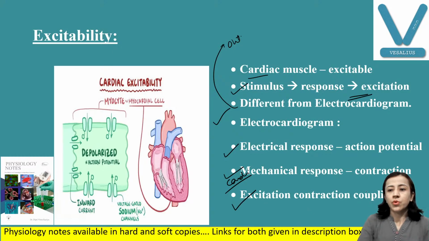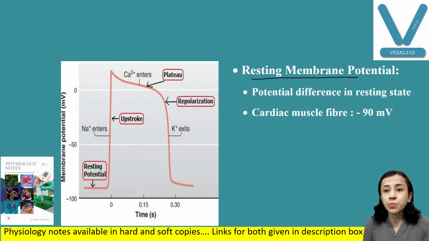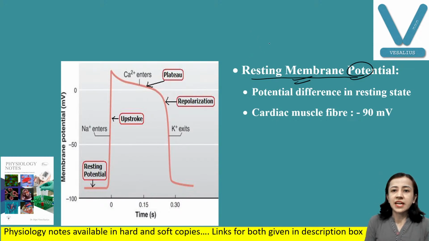Now let us discuss membrane potentials, starting with the resting membrane potential. What is the resting membrane potential? It is the potential difference across the membrane in the resting state. In cardiac muscle fiber, the resting membrane potential is about minus 90 millivolt.